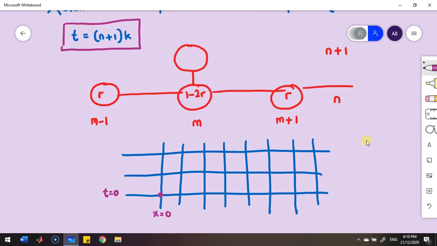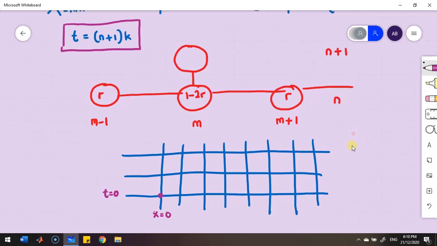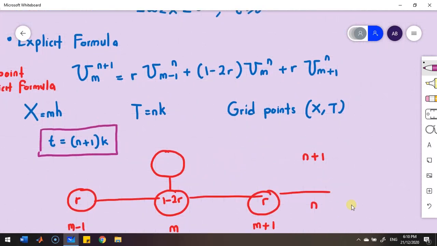Oh yeah, I forgot to tell you how you determine your h, which is usually called the step length. So the step length is given by this r formula here. I did mention my r, but I didn't tell you what this r leads to. Maybe I can just write it down. So r equals k over h squared.